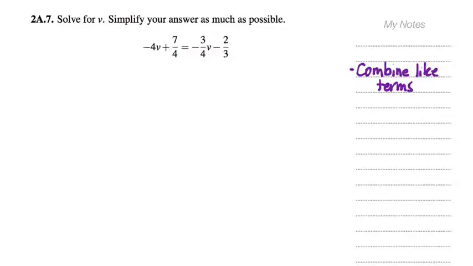What else? What other possible elements of strategy could we use here to make solving this equation a little bit nicer? Okay, so an option would be to find a common denominator and then do what with that common denominator? So first of all, let's look at these fractions and decide what common denominator could I use that unifies all three of these different fractions together.